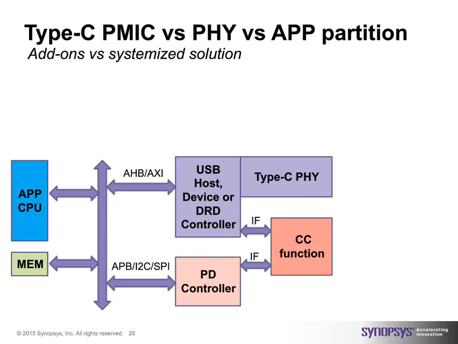With Type-C, all the extra signaling is on the separate CC signals. So this allows a lot more flexible partitioning, and the various building blocks needed for Type-C can be placed in the chipset where implementing them makes the most sense for a given product.